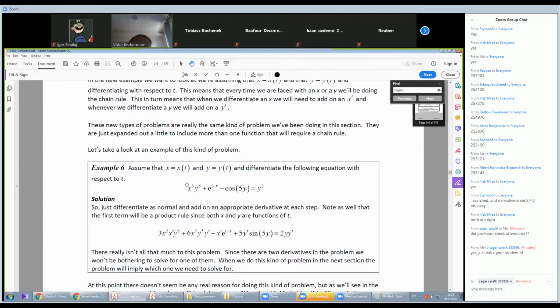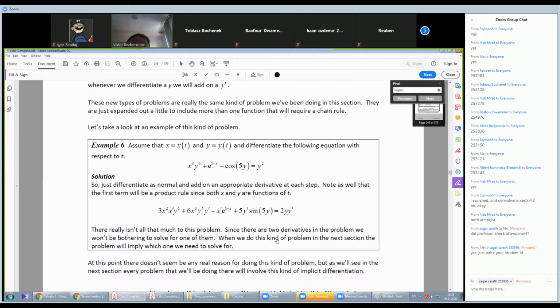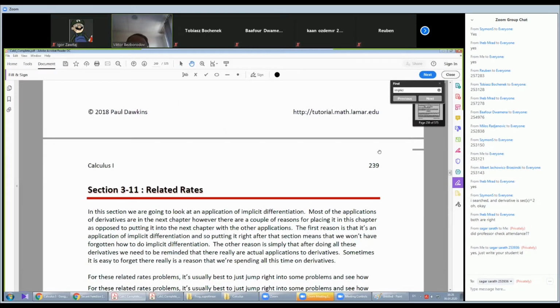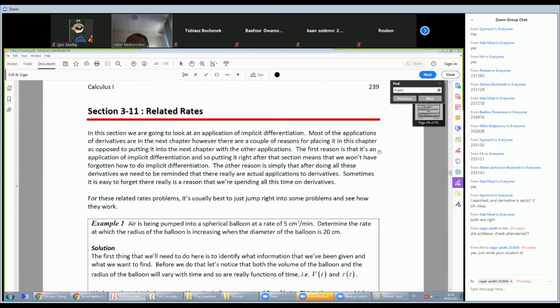So for example, we take an equation and then we can differentiate with respect to t. Note that, of course, if t is just x, so you consider that t equals x, then x prime is going to be 1, and you will end up with exactly the same situation as if you just consider y as a function of x. So this we're going to skip.